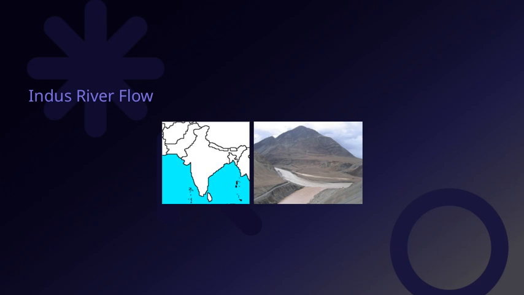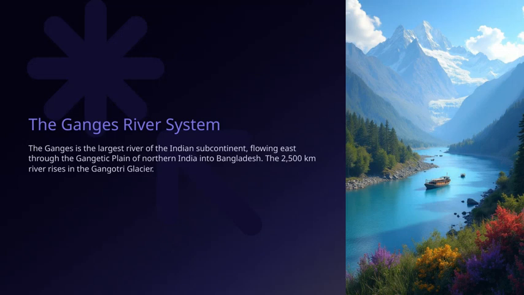This river's behavior is not just a natural phenomenon. It's a key factor that shaped the cultural and economic landscape of the region. Connecting this to our overall theme, it highlights how natural waterways like the Indus have been vital in shaping human history and societal development.